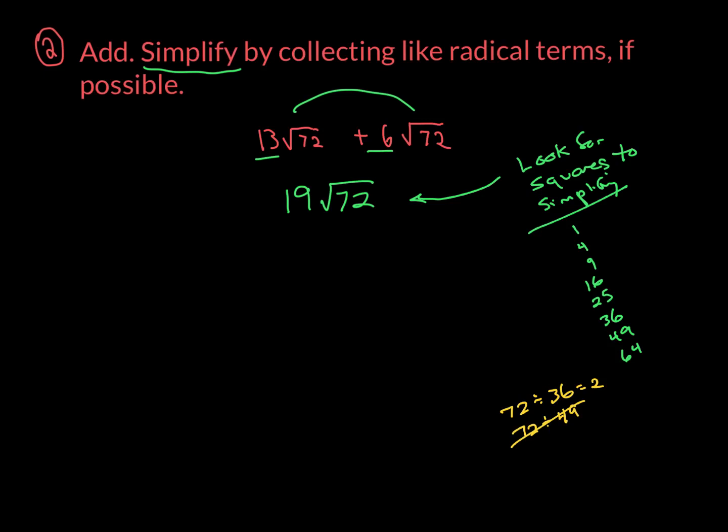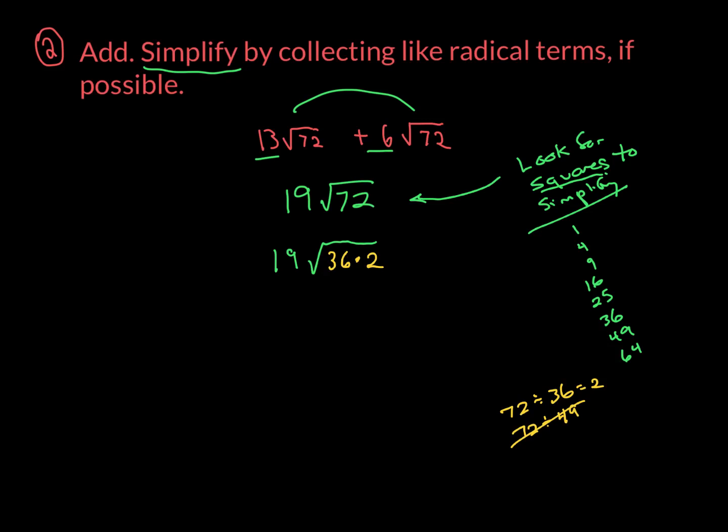So what we're going to do to simplify this is we're going to rewrite the 72 part. So this is going to be 19. And then since 72 can be written with a square, we're going to rewrite it as 36 times 2. The square root of 36 times 2.